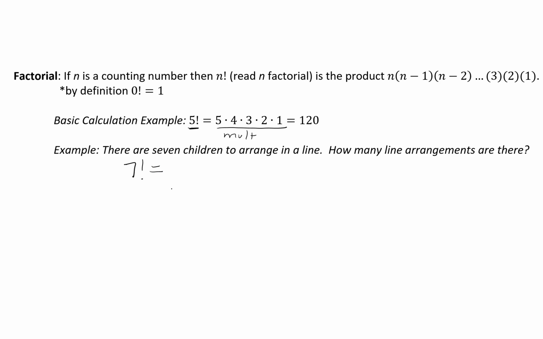Now, I actually don't write down this extended meaning when I work these out. Instead, I go straight to my technology, 7 factorial. I find out that there are 5,040 ways to line up 7 children.